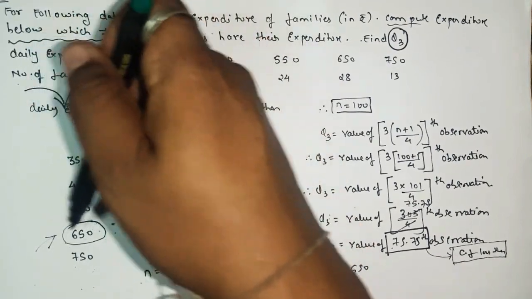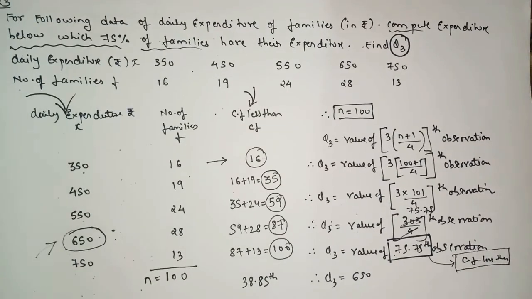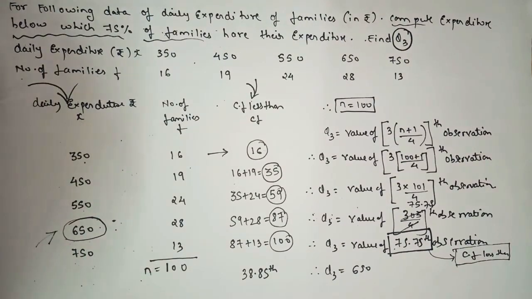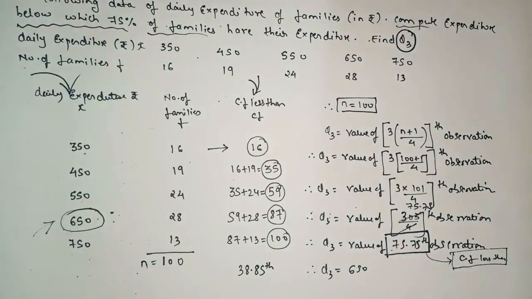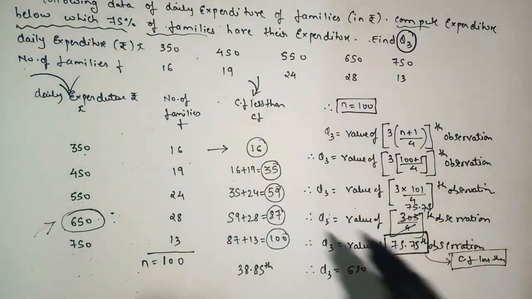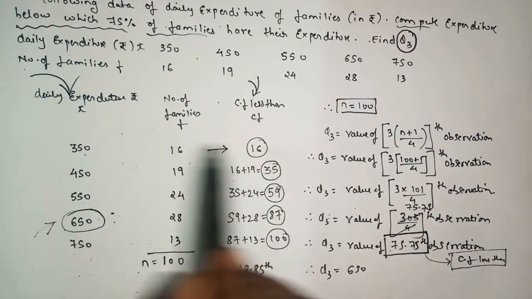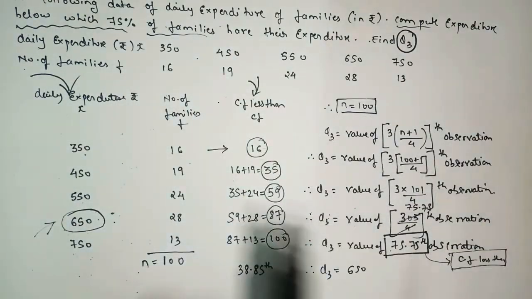So the third row answer is 550. So the answer for this would be 550. Got the point? In this way you have to find your answer. Simply check in the cumulative frequency where it lies, whether in the first row or second row. This is the row, and this is the column. Remember this.